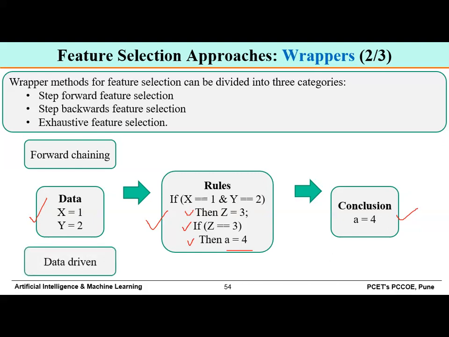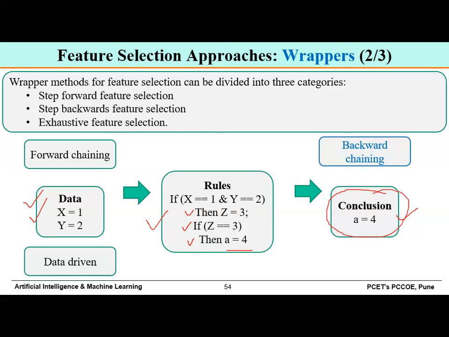And what is very important in that? Data. Without the data, you cannot use forward chaining. So data, set of rules, and you will reach the conclusion. In backward chaining, we go in a very reverse way. First of all, you have a conclusion. Let's say a equal to 4.